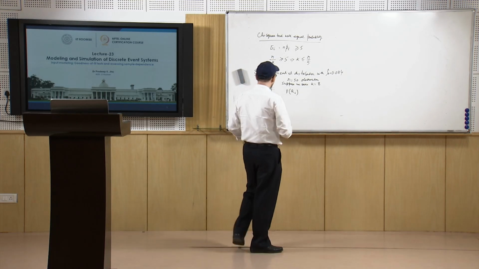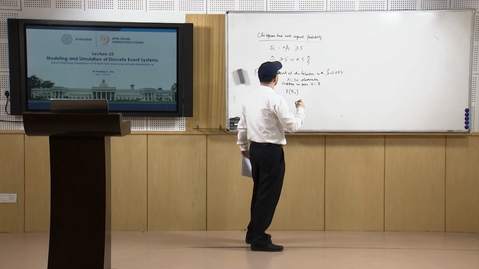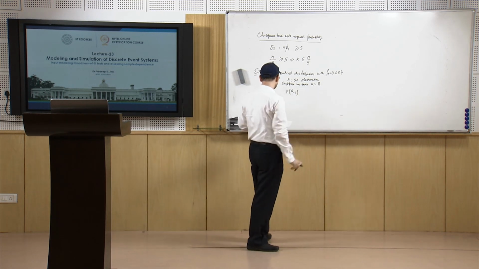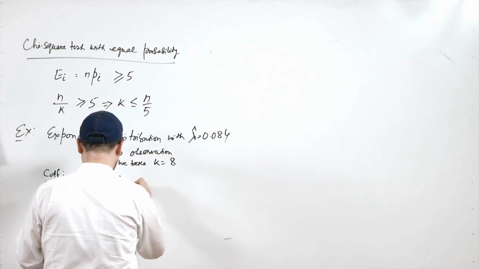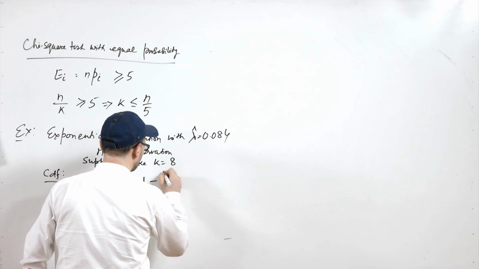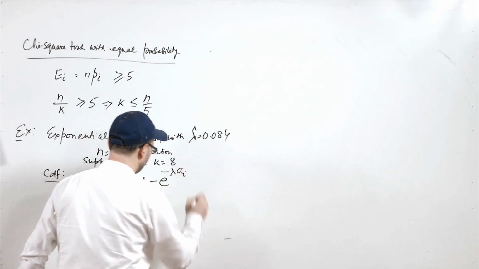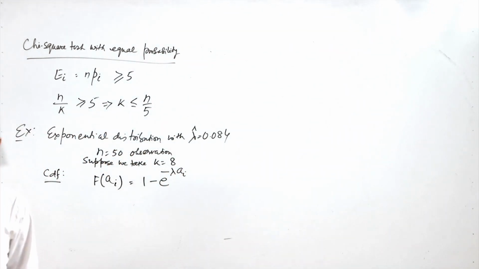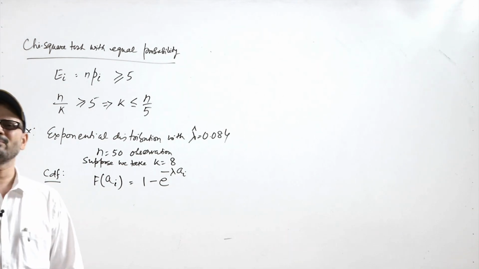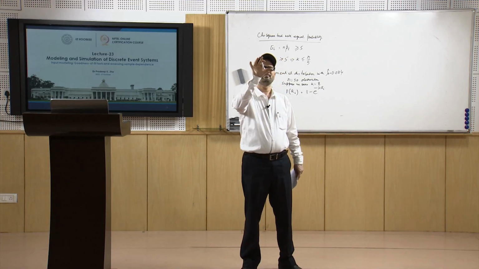Now if we write the cumulative distribution function, F of AI will be 1 minus e raised to the power minus lambda AI. We know that the cumulative distribution function is F of x equal to 1 minus e raised to the power minus lambda x.